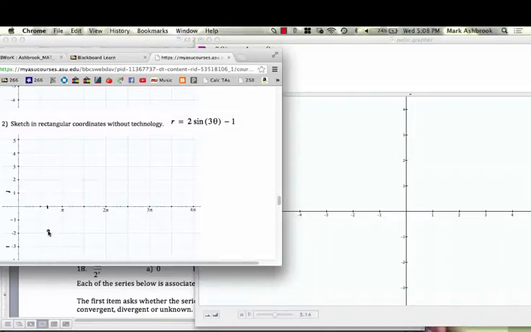So now we need to split that up into 4 pieces. Half of it's pi over 3. So the period is 2 pi over 3. And we're splitting it up into 4 pieces.